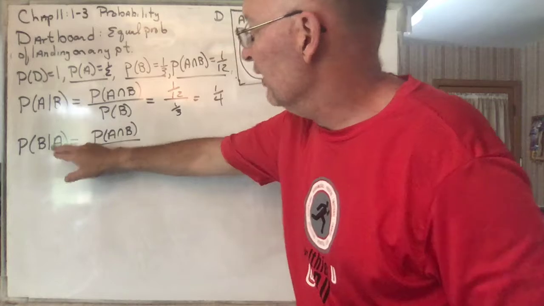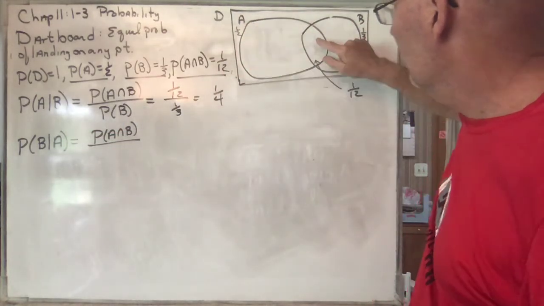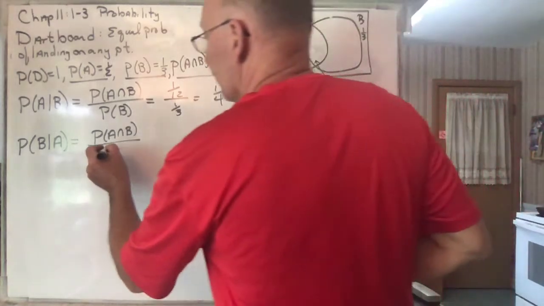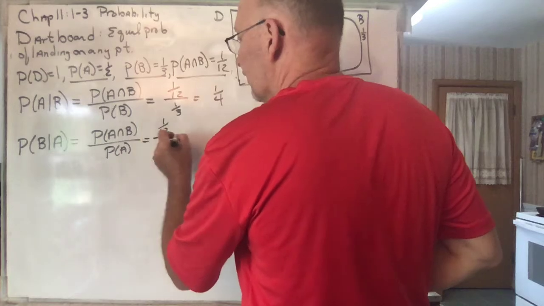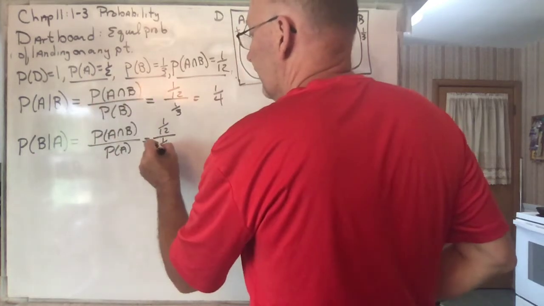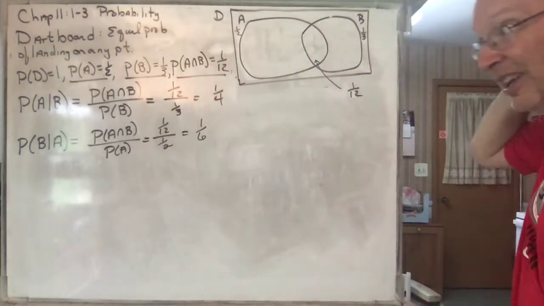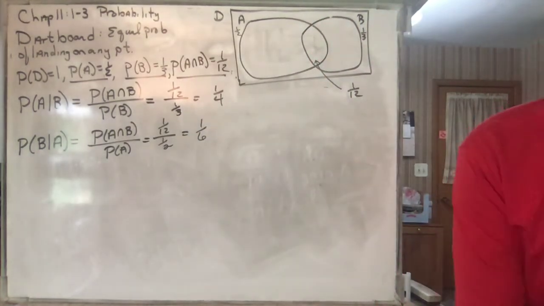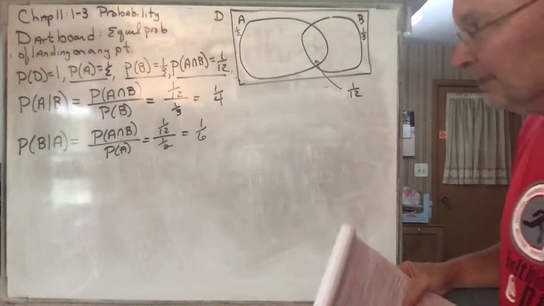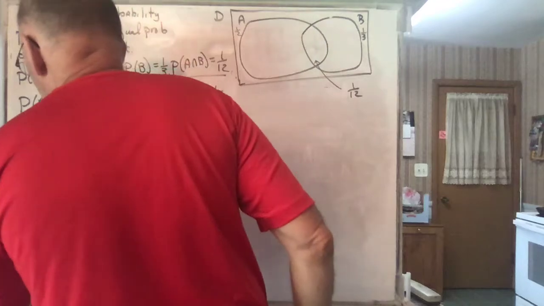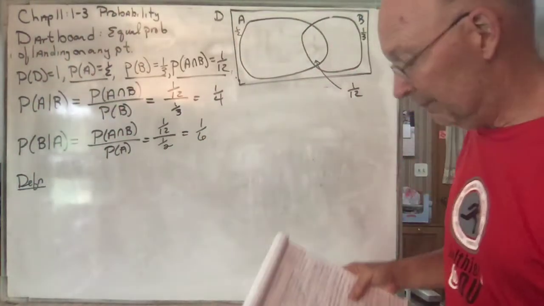We're assuming that we know already that you're in A, so we know you're in here. So it's going to be this over this. This is your world. And so it's going to be 1/12 divided by 1/2, which is 1/6. Okay? So there you have those. Remember what those are called? Conditional probabilities.